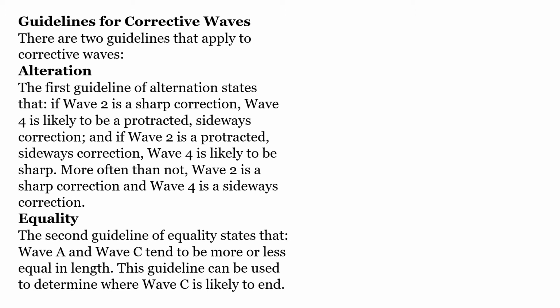More often than not, wave 2 is a sharp correction and wave 4 is a sideways correction. Just to give you a visual representation, this is what they mean. Wave 2 is a sharp correction, then we have wave 3, and we have a protracted sideways wave 4, maybe with a slight downturn.